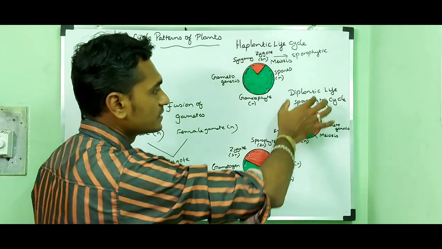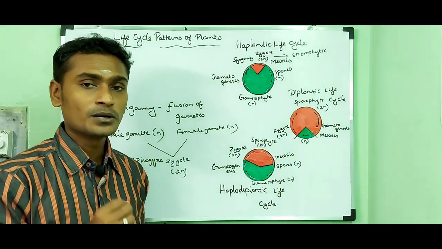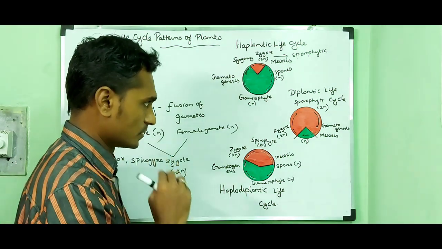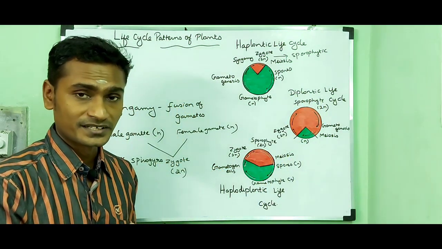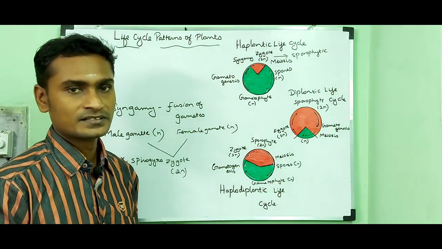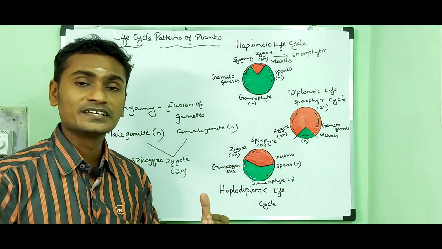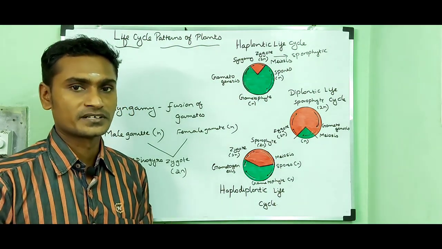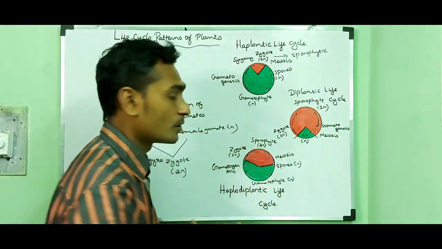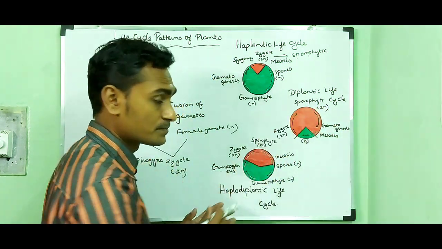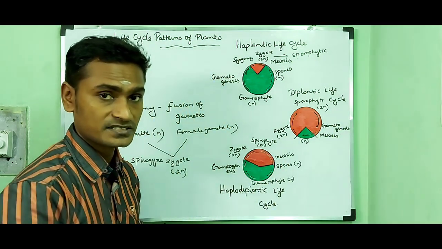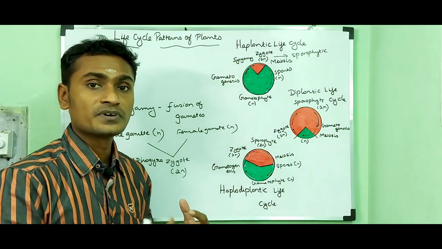Then in the diplontic life cycle, the dominant phase is the sporophytic phase, and it is photosynthetic and independent from the gametophyte. The sporophytic phase is represented with the ploidy number 2n. Then gametogenesis takes place, that is, the production of male and female gametes.